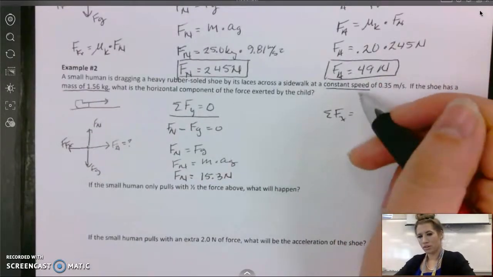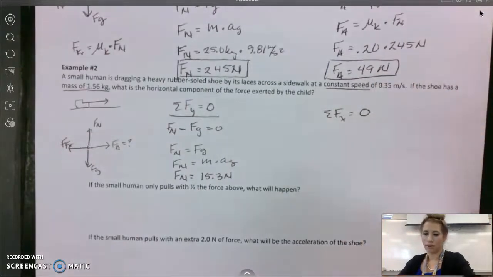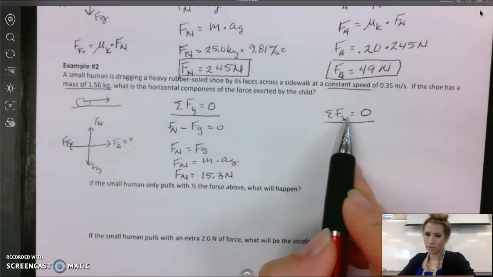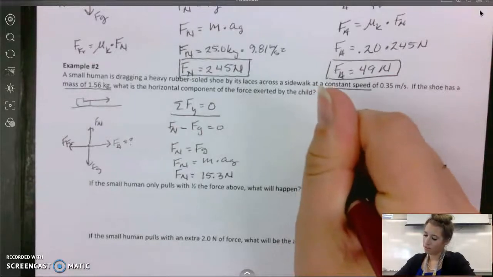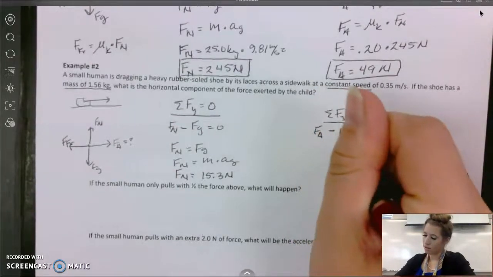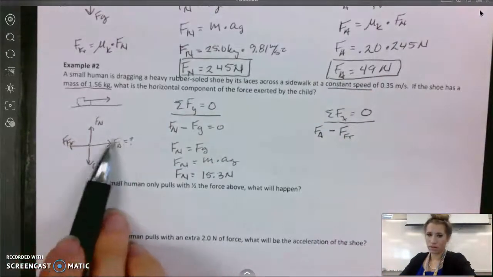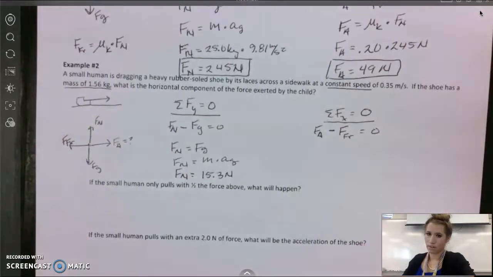In the x direction, we're moving at a constant speed, so acceleration is 0 and the sum of the forces is 0. What are those forces? We have a positive force applied and a negative force of friction, and that equals 0.